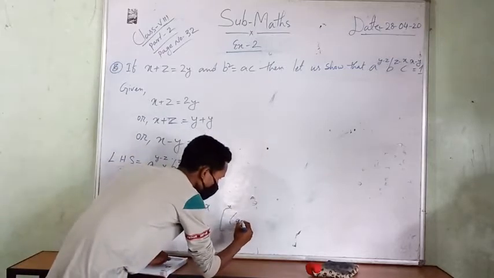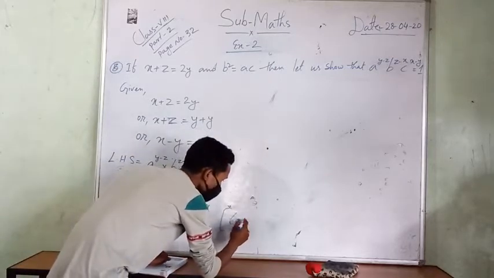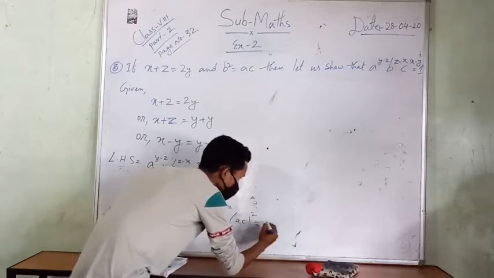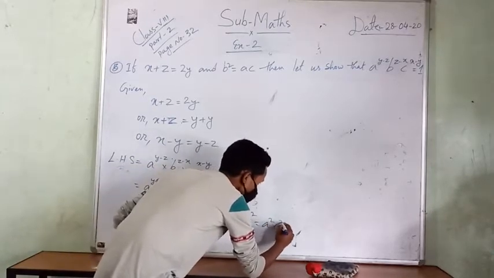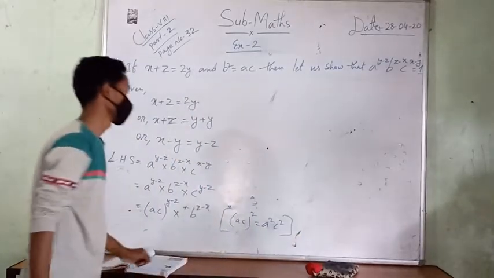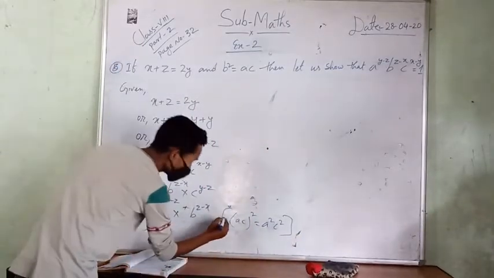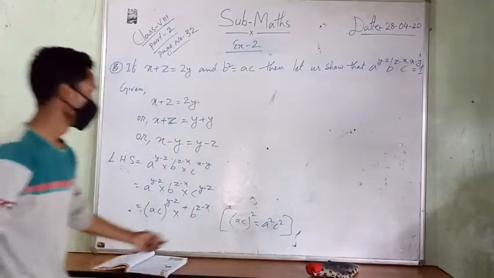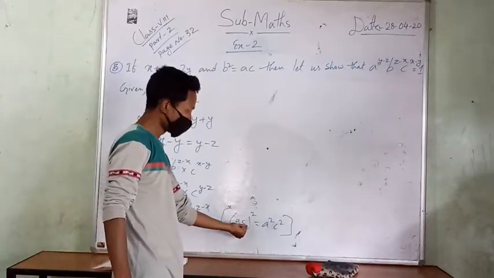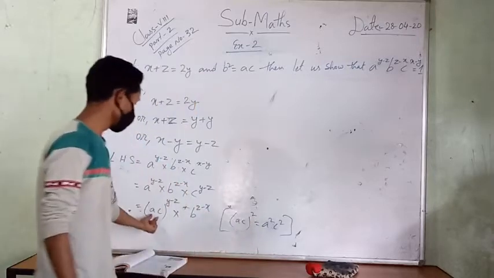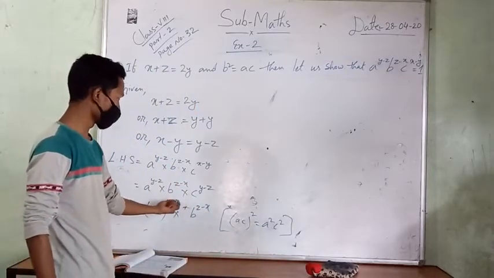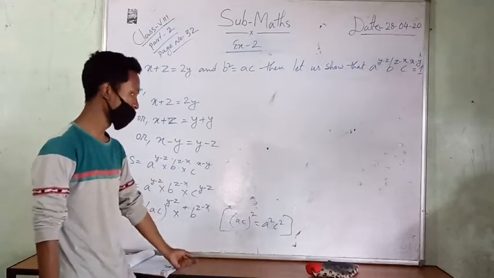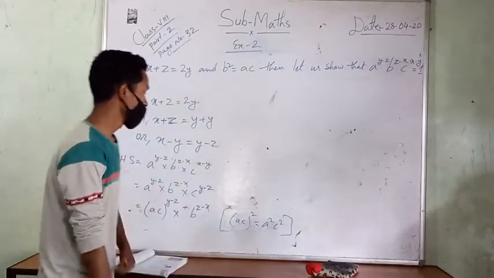Suppose ac whole square, then that means a square and c square. Yes, because ac to the power y minus z means a to the power y minus z, c to the power y minus z. That means that one.